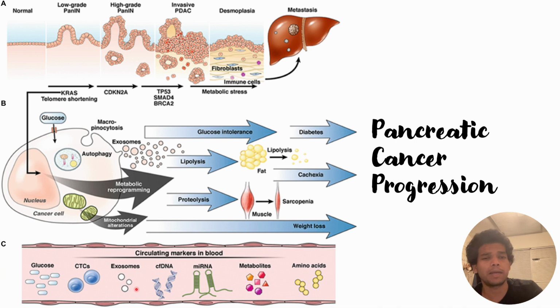Different circulating markers are produced in the blood whenever the pancreatic cells move towards cancer progression. Some of the markers mentioned here are glucose, CTCs, exosomes, cell-free DNA, miRNA, metabolites, and amino acids. Right now it looks like a general term.